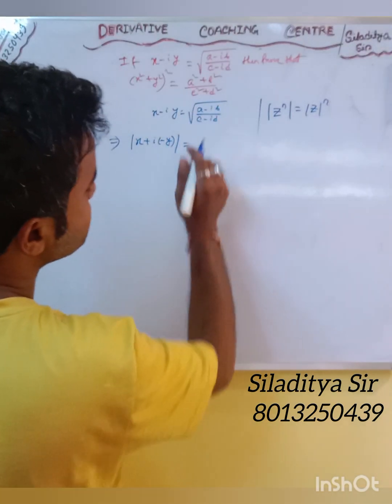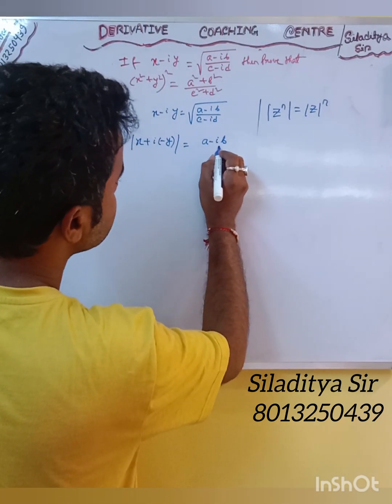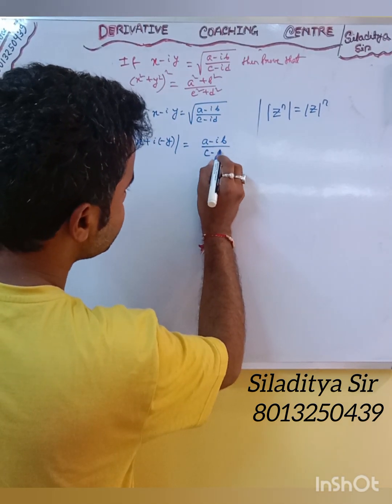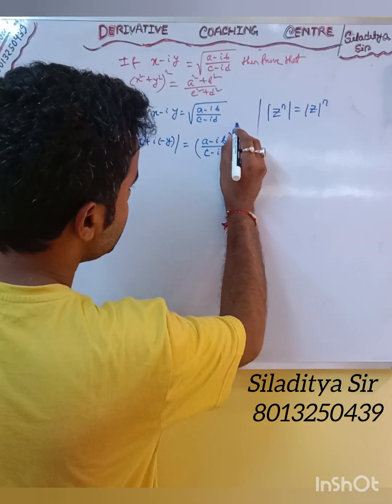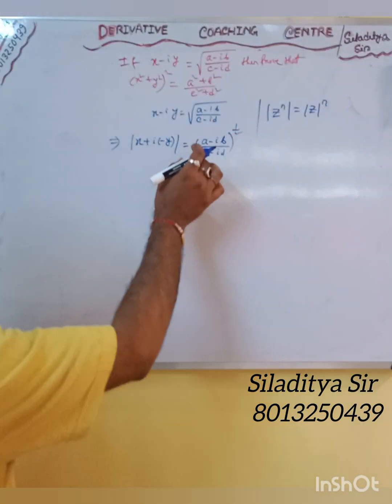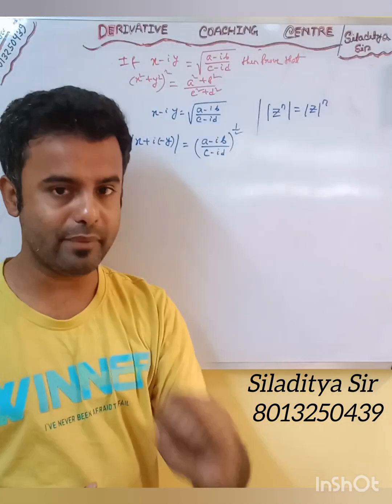And what is the meaning of this part? That is (a minus ib) by (c minus id) whole to the power half, because square root of (a minus ib) by (c minus id) means (a minus ib) by (c minus id) whole to the power 1 by 2.